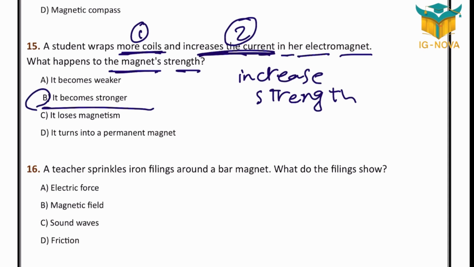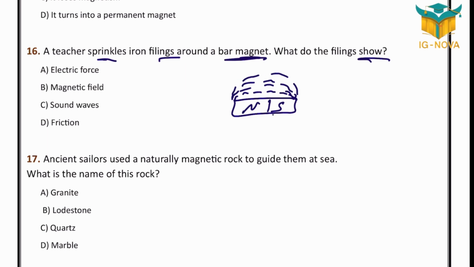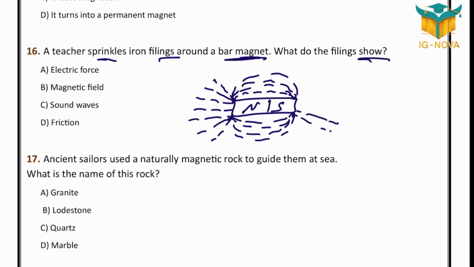Question 16. A teacher sprinkles iron filings around the bar magnet. What do the filings show? I need to draw here the magnet north and south pole. If you sprinkle iron filings, they will take a definite shape. This shape shows you the magnetic field, how the magnetic field pattern exists around the magnet.